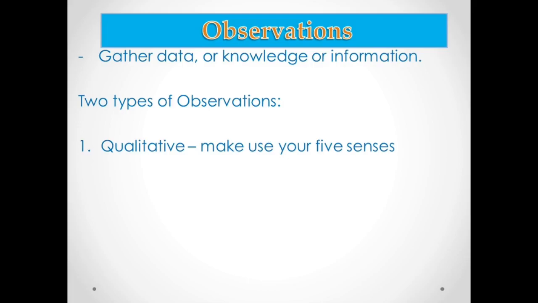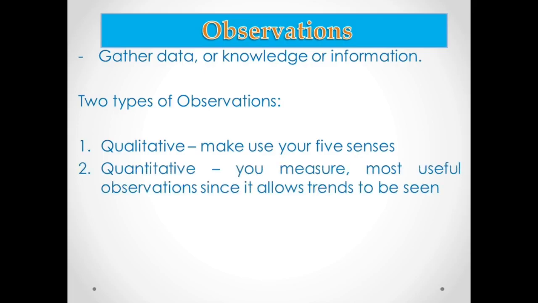Are there not many animals anymore that inhabit that area? So you make an observation of what is happening by using your five senses. That is what we mean by qualitative observation.